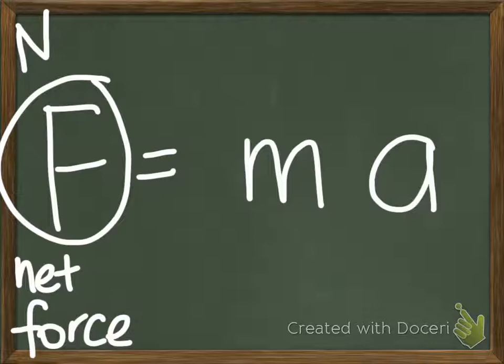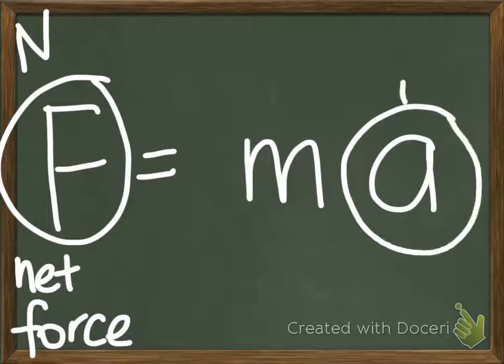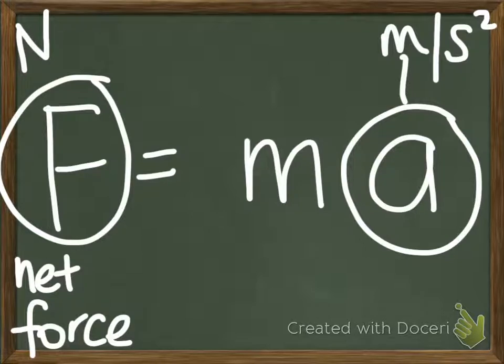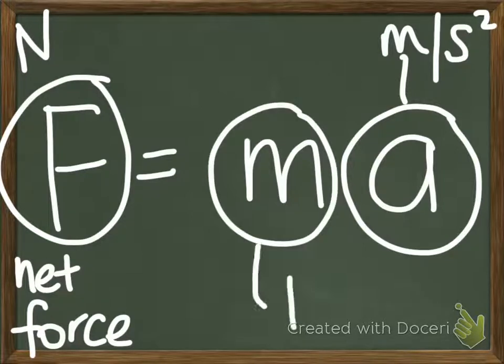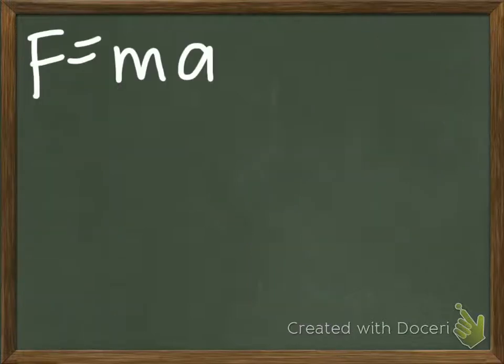So in the previous example, we had 100 newtons and 60 newtons, so the net force was 40 newtons. Now, A is acceleration, which we measure in meters per second squared. And mass is measured in kilograms.